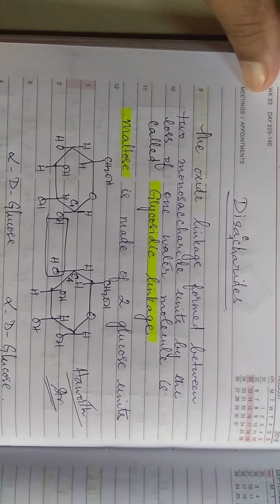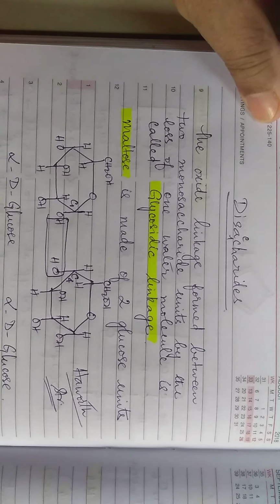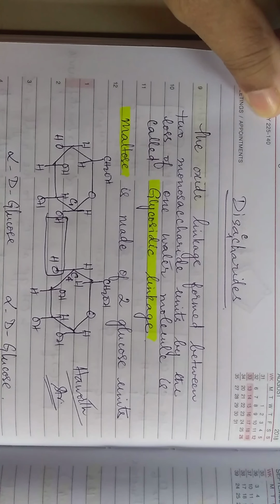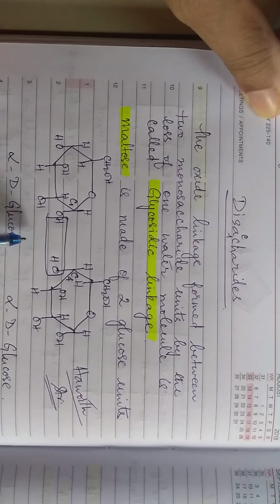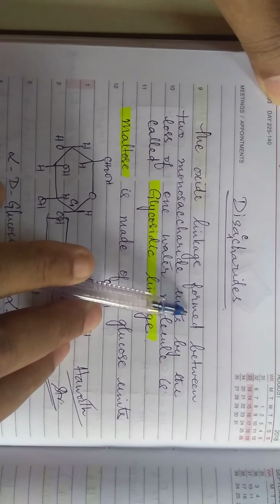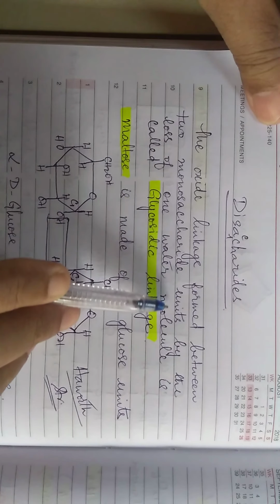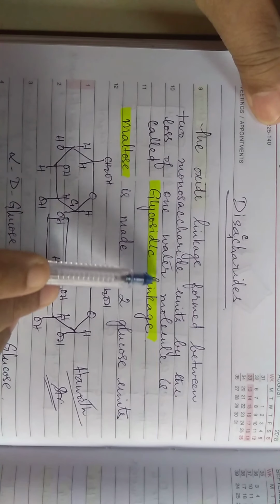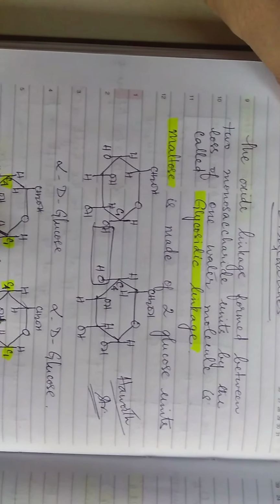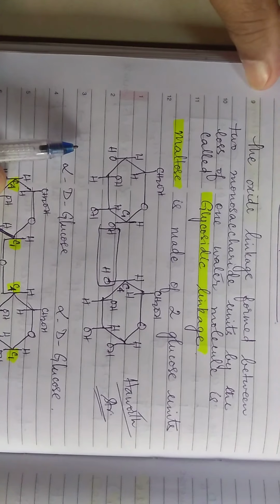Now how do disaccharides look structurally? Two glucose units are attached through oxygen, and that is called a glycosidic linkage. The oxide linkage formed between two monosaccharide units by the loss of one water molecule is called a glycosidic linkage. Now look at the structure of maltose.